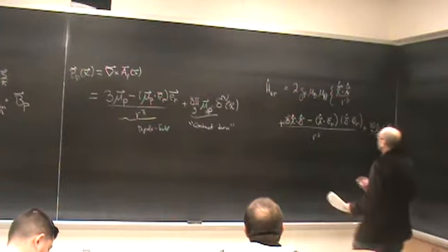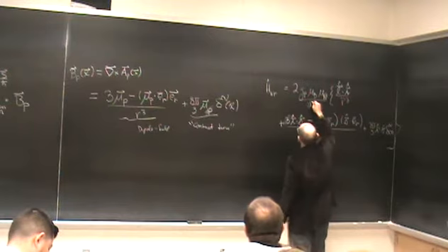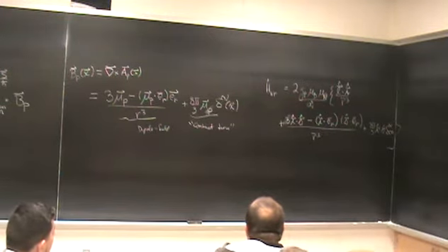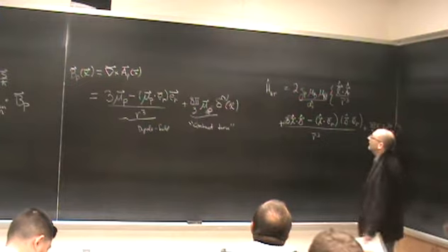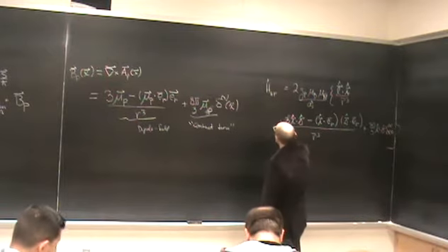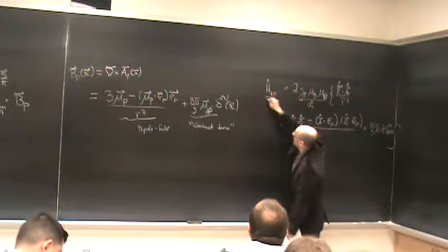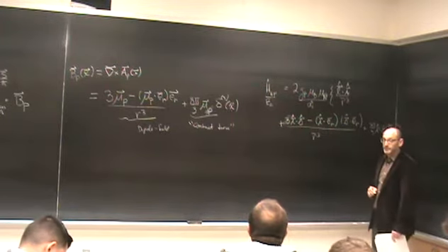Now, if I want, I can make all of this dimensionless and bring out the Bohr radius cubed. And then I could make this relative to the characteristic energy over here, right?